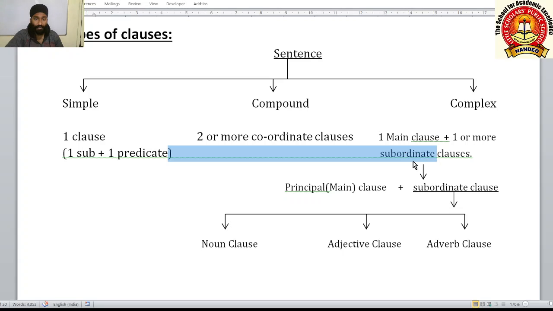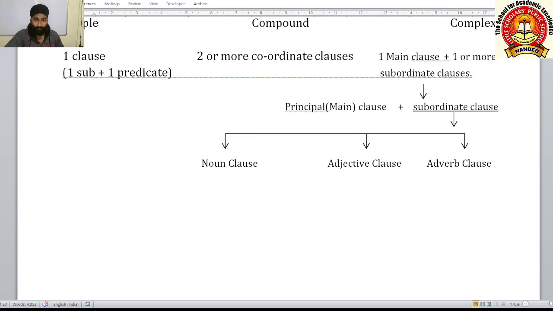Subordinate means dependent clauses. The clause which is dependent on the main clause to complete its meaning or thought. Subordinate clause has three types: noun clause, adjective clause and adverb clause.